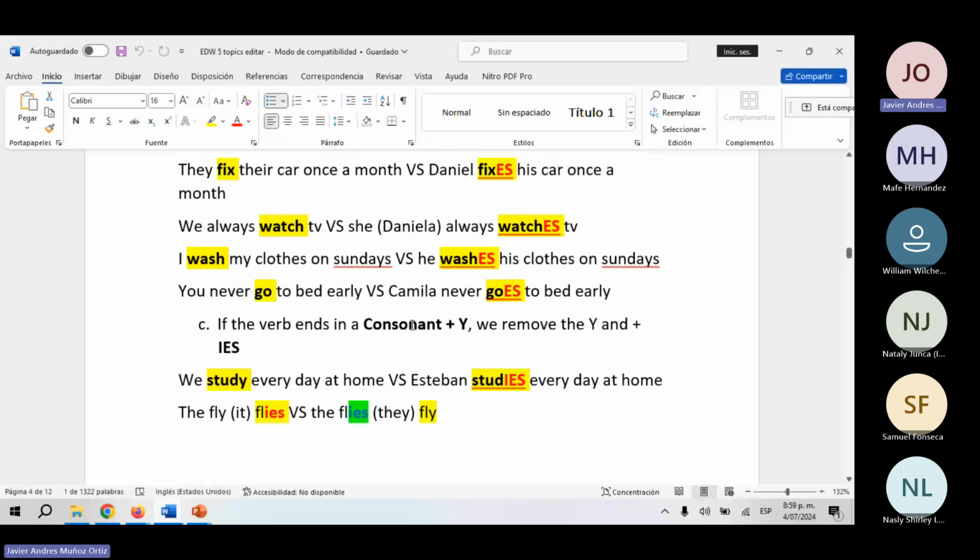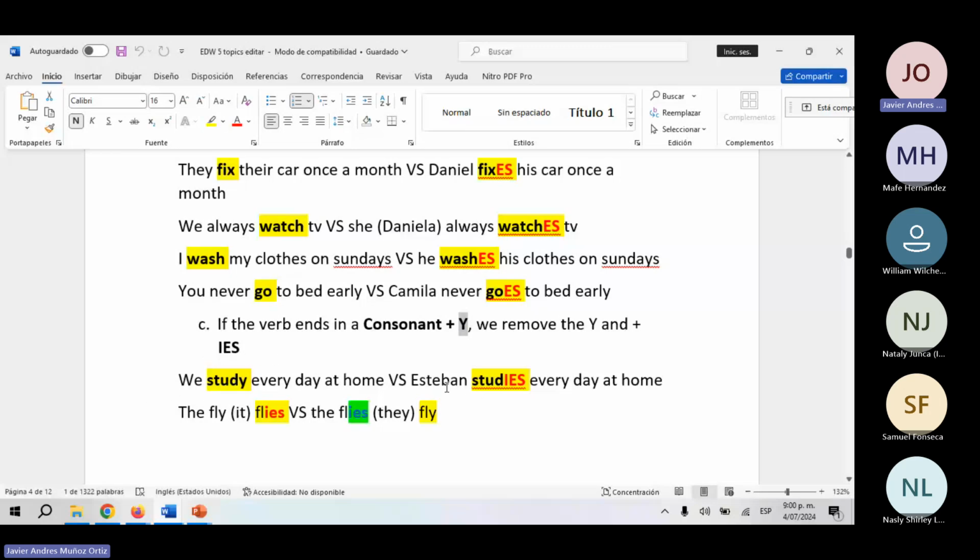Example, when we have a verb different from the verb to be, and the action is done by Mariana, Santiago, or the aunt, right? If this verb ends in Y, and before the Y there is a consonant, F, R, D, T, whatever, this Y is going to change to IES.